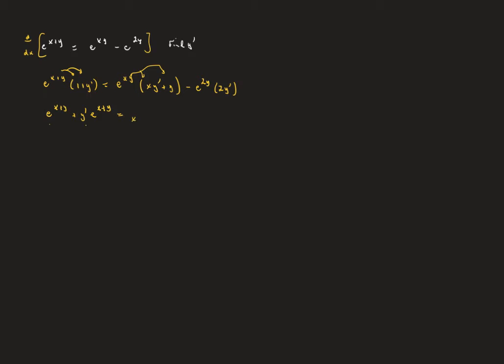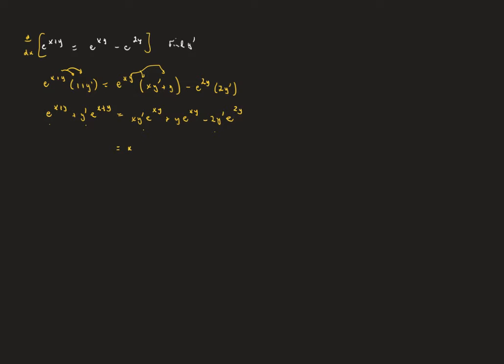Similarly, we're going to get x y prime e to the xy, and then a plus y times e to the xy. So again, one term with y prime, one without. And here we're going to get a minus 2y prime e to the 2y, and that has a y prime in it as well. So because we have two of the y prime terms on the right side, I'm going to move that one on the left side to join them.